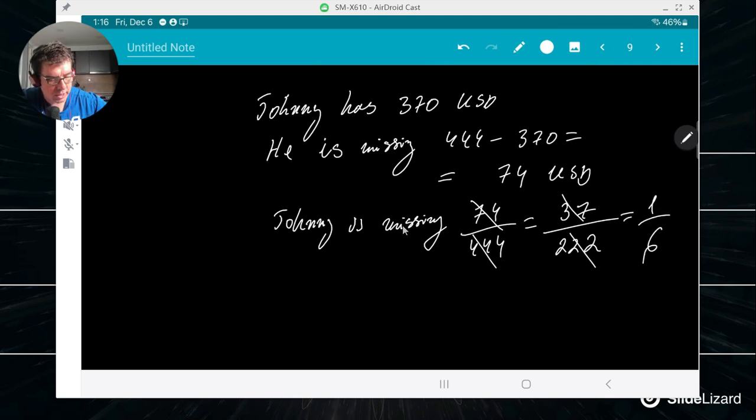So let's make a check. 37 times 6 is equal to what? 7 times 6 is 42, so 2 with a remainder of 4. 6 times 3 is 18 plus 4, it's 22. Yes, it's correct. Okay, 37 times 6 is 222. So we can divide both the numerator and the denominator by 37 and we get 1/6. So John is missing 1/6 of the price.